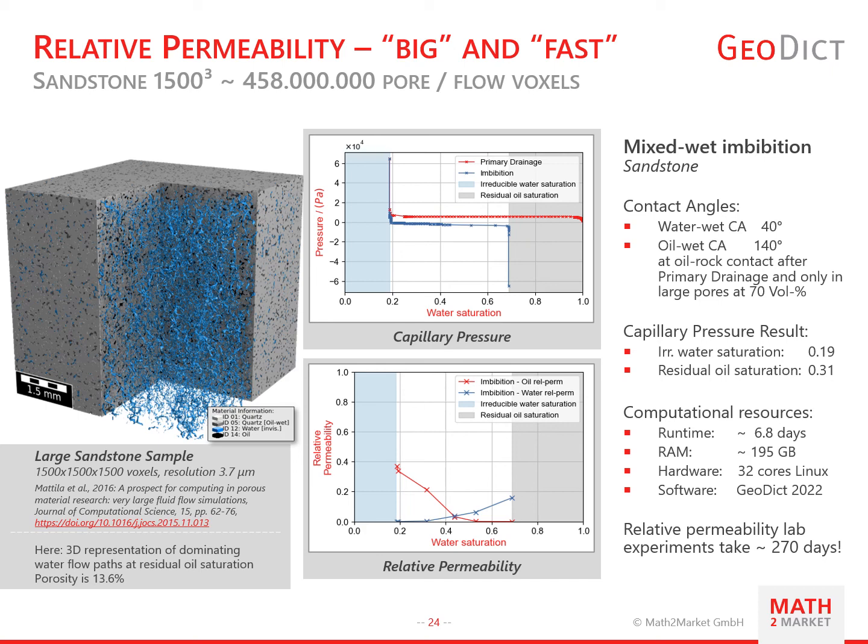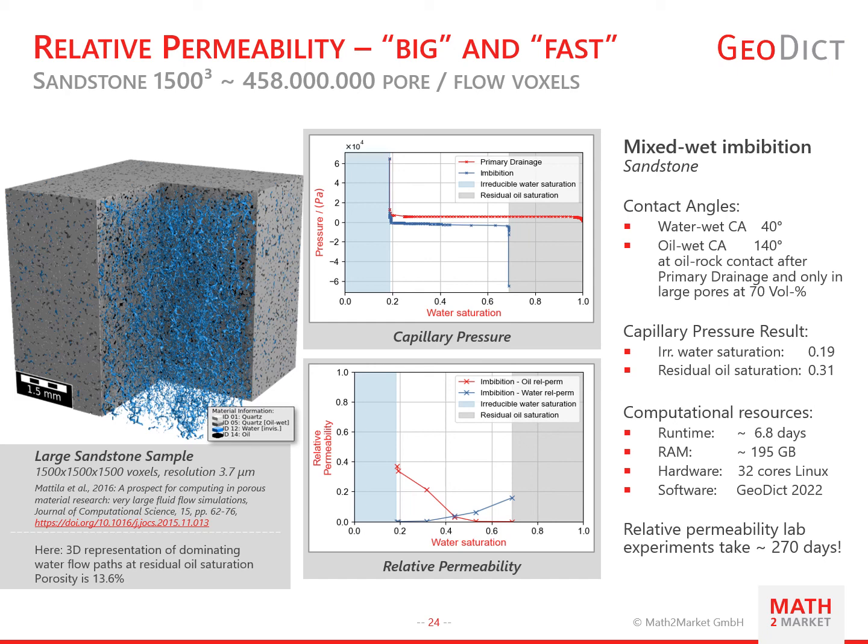Finally, here are computation results for a large mixed wet digital sandstone sample with 1,500 voxels on each side, and thus more than 3 billion voxels in total. The image on the left represents the digital sandstone with dominating water flow paths at residual oil saturation, so at the end of a forced imbibition.